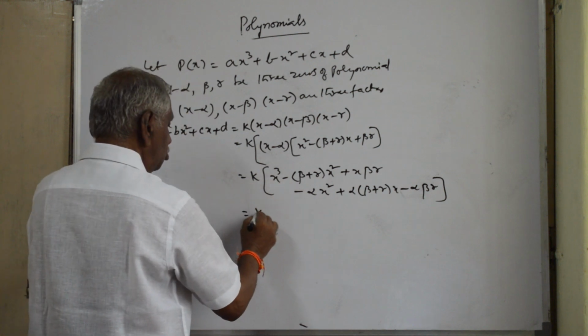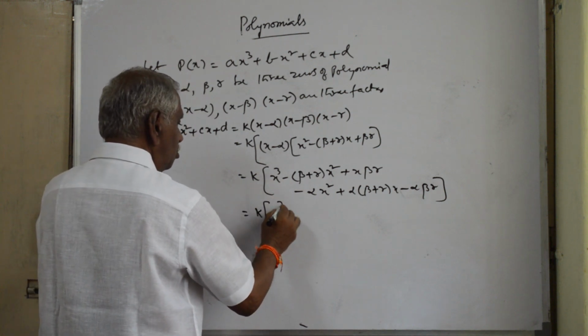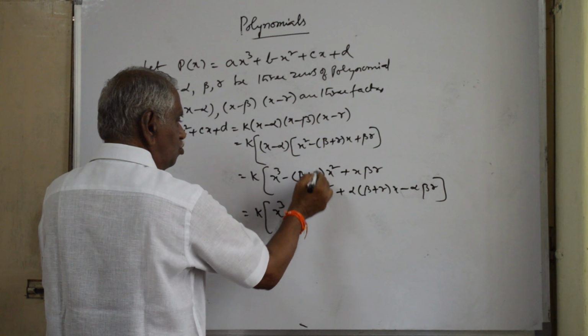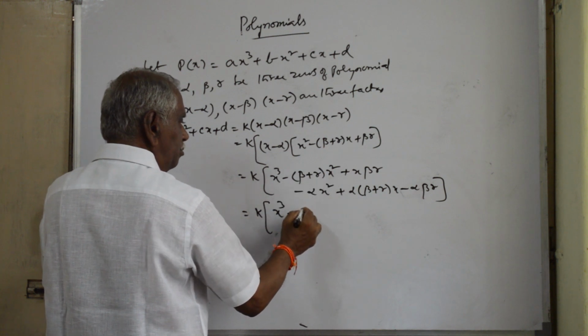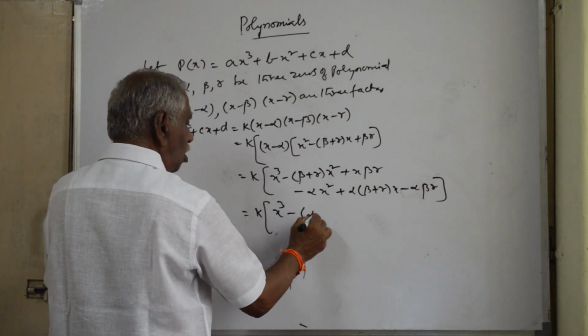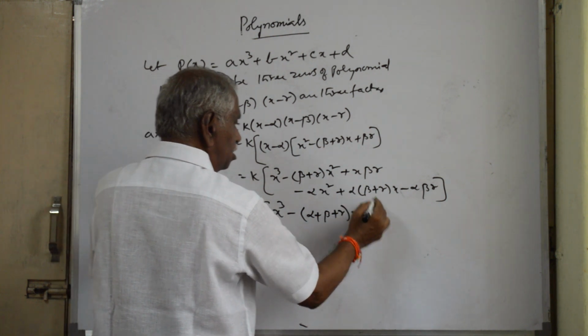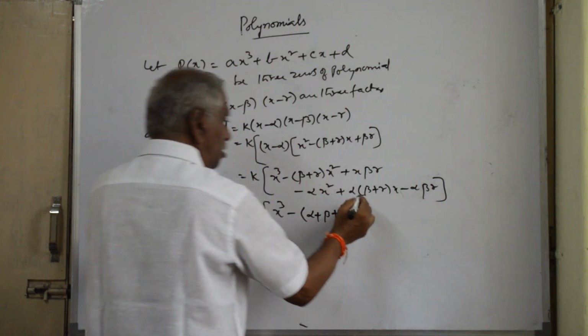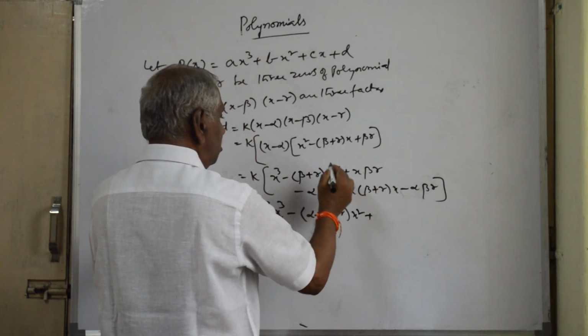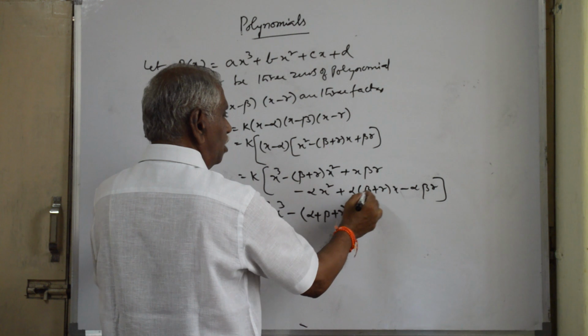Now this is k into x cube. Here it is alpha x square, this is minus of beta plus alpha, beta plus gamma x square. We can say minus alpha plus beta plus gamma into x square. Now it is x into beta gamma, x plus x into alpha into beta plus gamma.